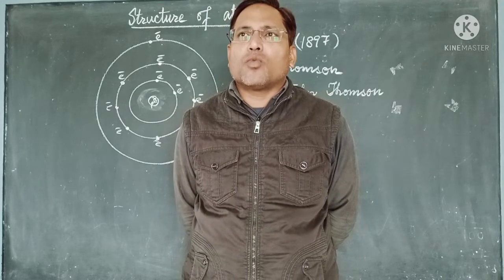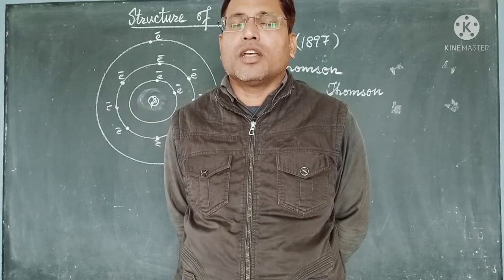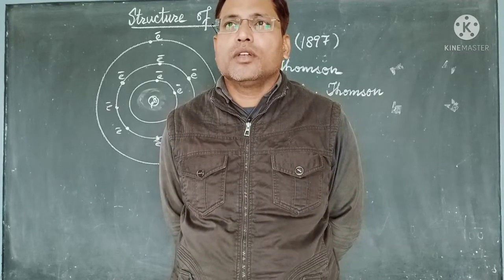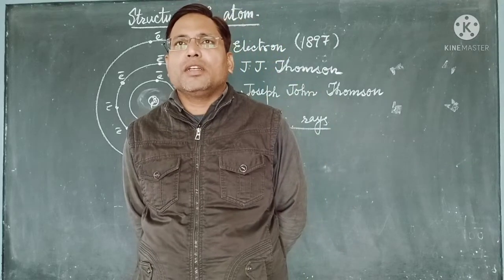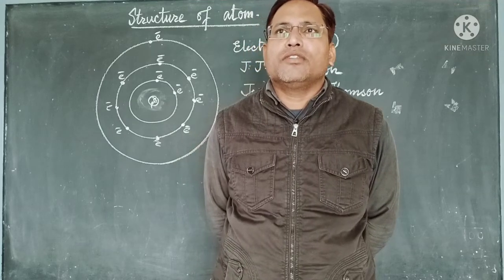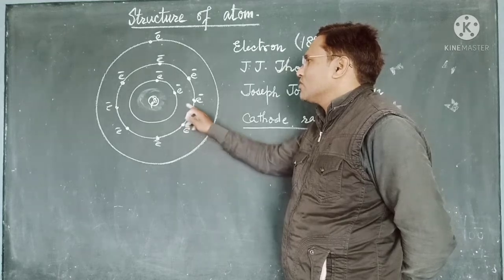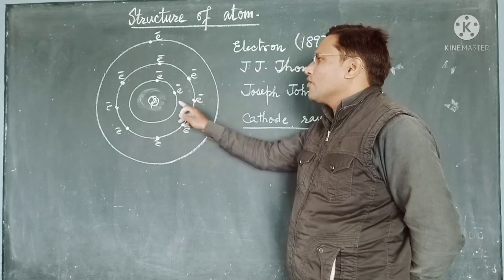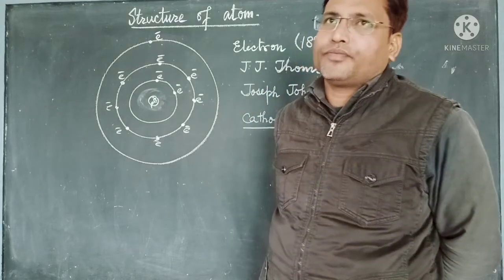Hydrogen has only one electron, and all the other elements have more than one electron. These electrons keep on revolving around the nucleus of the atom in various shells, shell number 1, 2, 3, like that, or we can name them K, L, M and so on.